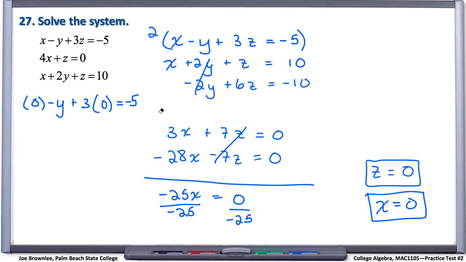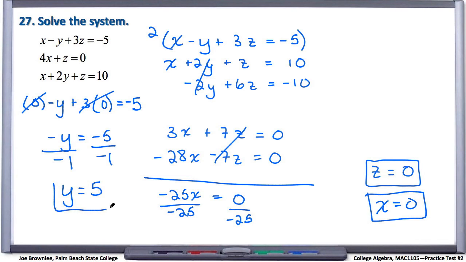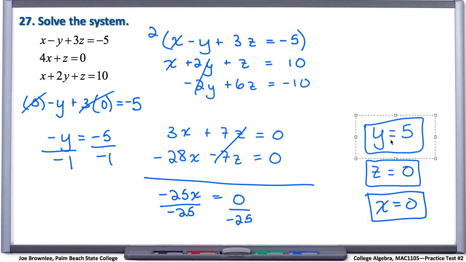And I'll get rid of some of that to give us some room. So equals negative 5. Well, the 0 goes away, 3 times 0 goes away, and we're left with negative y equals negative 5. And to solve for y, we'll divide by negative 1 on both sides. That'll leave us with y equals a positive 5. And there we have it. We've just solved for y as well.